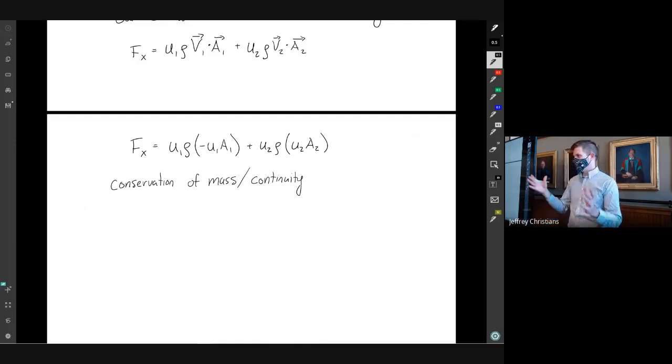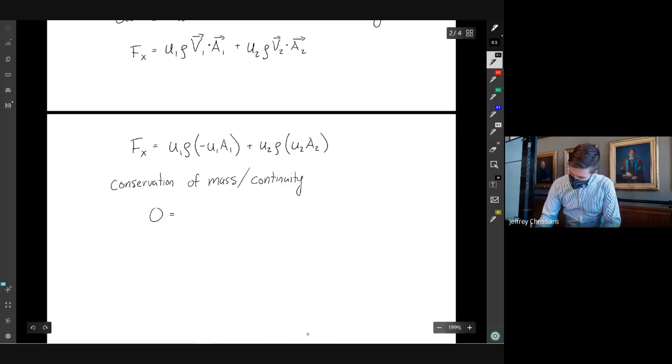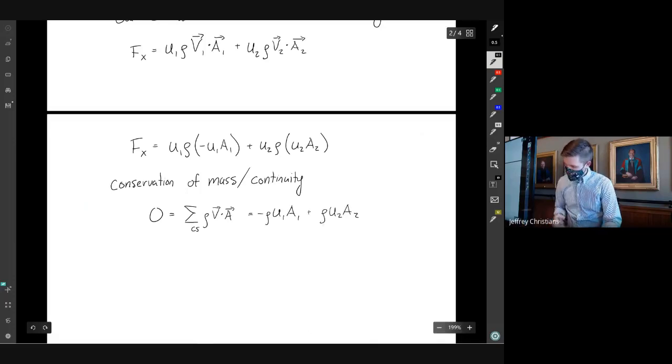So continuity, again, this would be conservation of mass in the framework of Reynolds Transport Theorem, under the same assumptions that we're dealing with right now. It would be 0 equals V dot A, which would be rho U1 A1, negative, plus rho U2 A2.